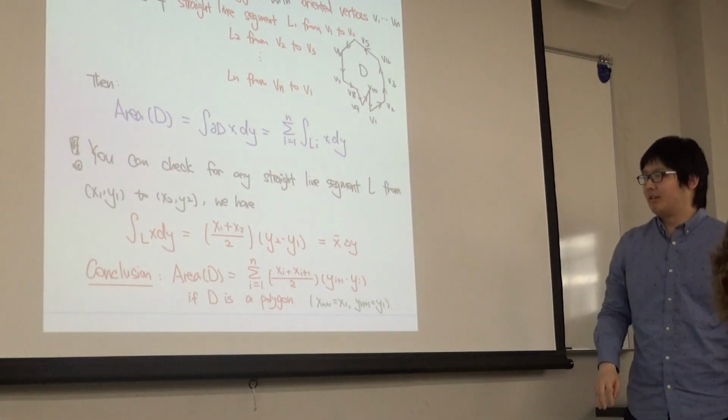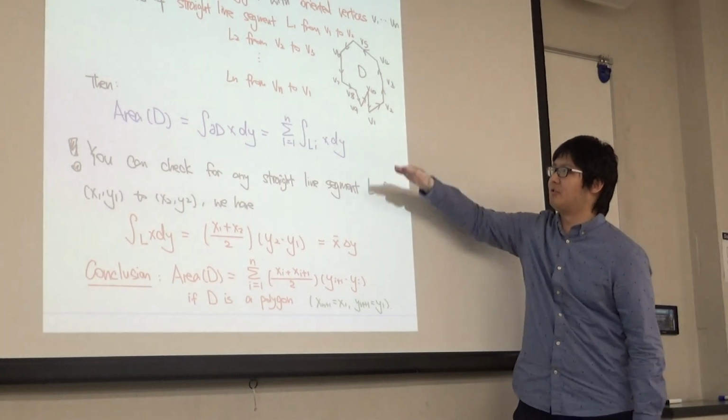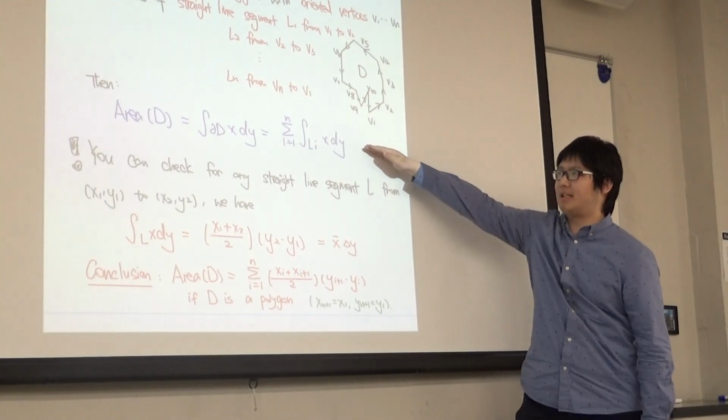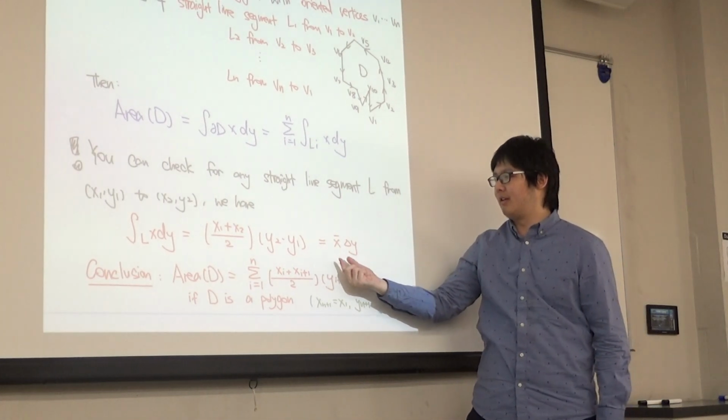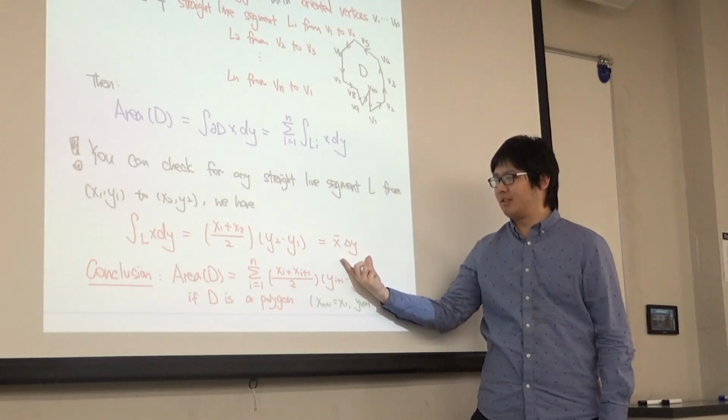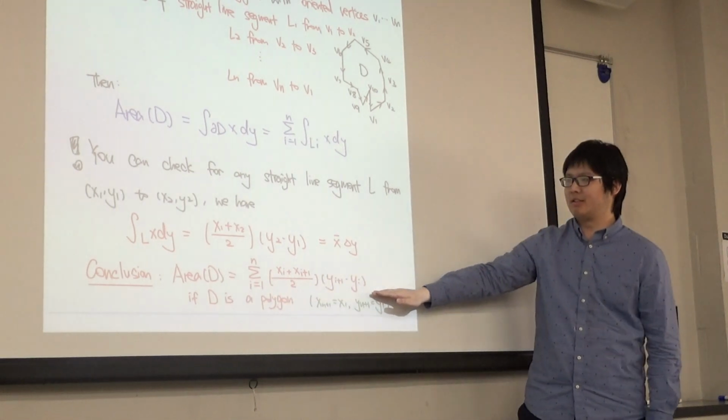Then substituting this formula into the previous one, we see that the area of D is just the sum of these products, which you can write in this way.